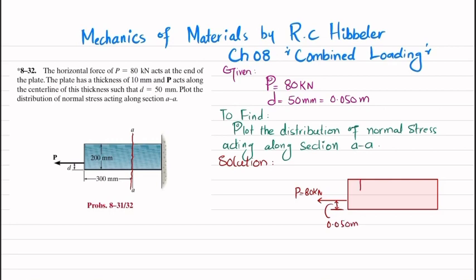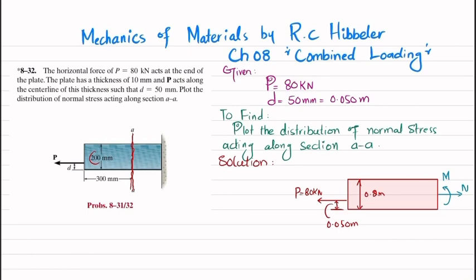The total height of this beam is equal to 200 millimeter, which is 0.2 meter. So when you cut the beam at section AA, you will have a central axial load, which is represented as N, and you will be having a moment M.